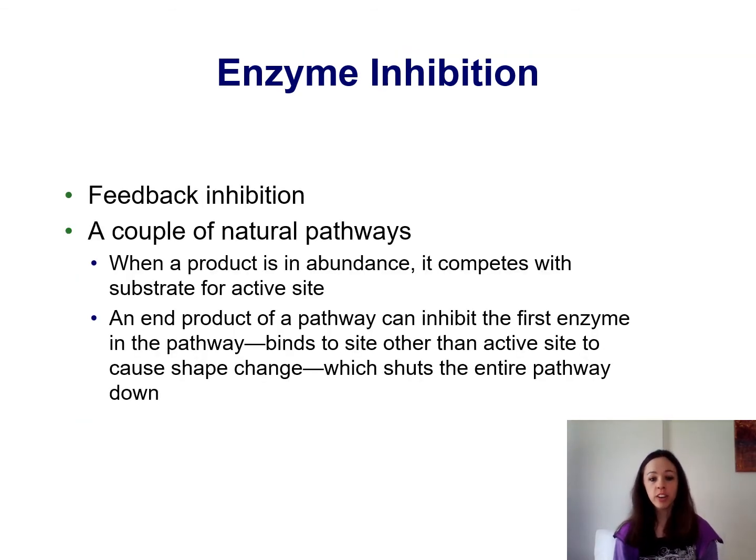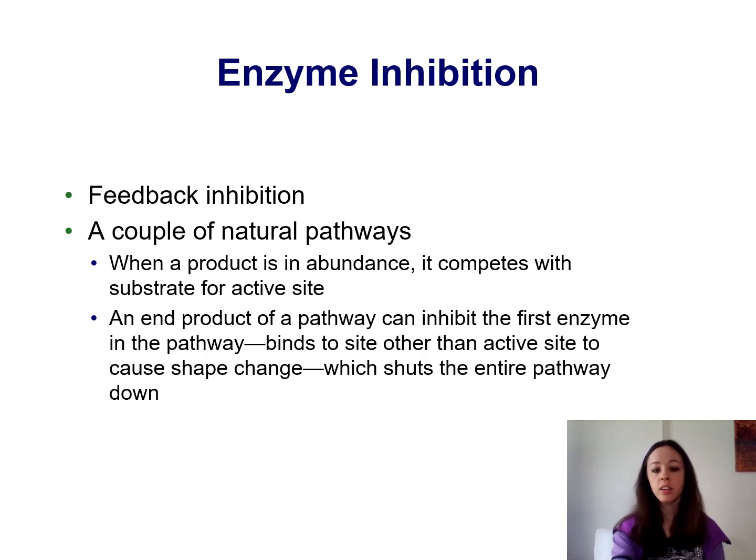There are a couple of different natural pathways within our body that will inhibit enzyme reactions. And these two different processes use feedback inhibition. The first pathway uses the abundance of the product to block the substrate from getting to the active site of the enzyme. And the second pathway is used when there are multiple enzymes within a pathway to get one needed product.